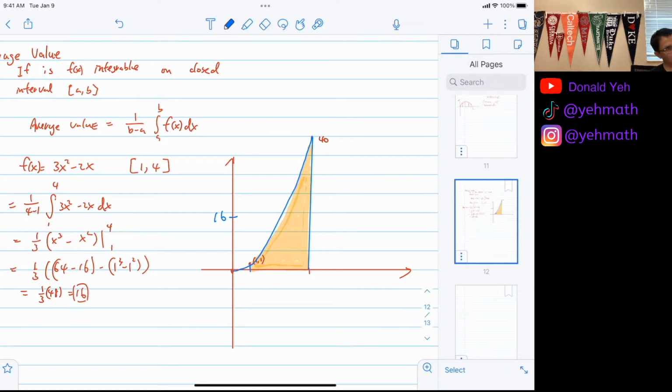The midpoint? They're not necessarily in the middle. They're a little bit off the middle. On the interval between 1 and 4, what does 16 mean?